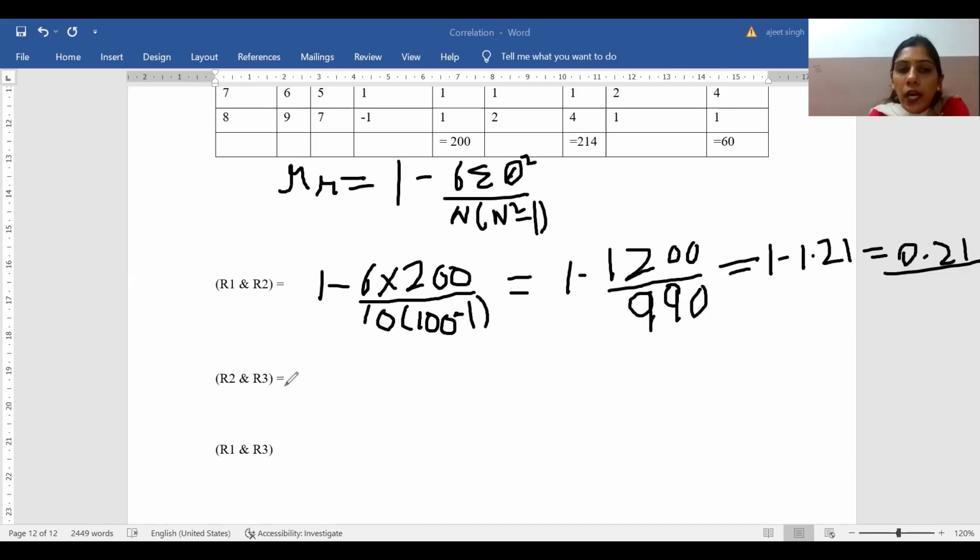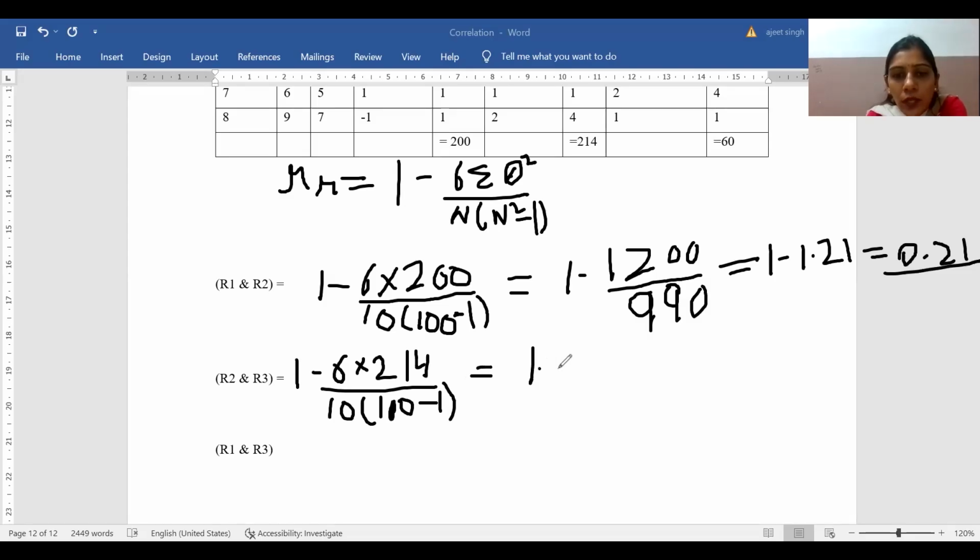Now let's calculate R2 and R3. Again 1 minus 6 multiply by the difference of R2 and R3, which is 214, divided by, this will be the same, 10 multiply by 10, 100, which is the square of 10. So it will come 1 minus, this is same, 990.